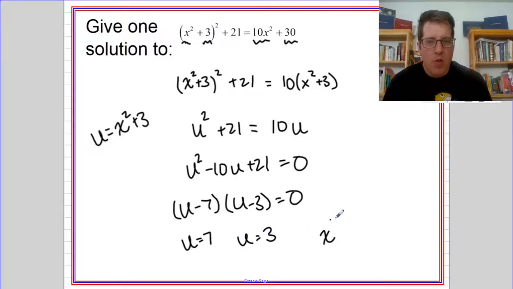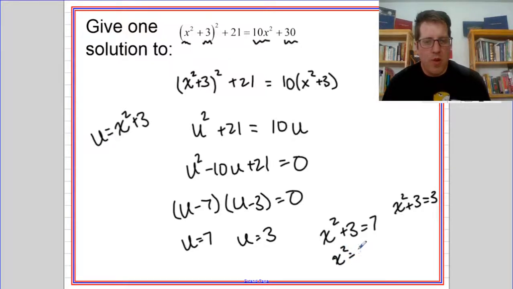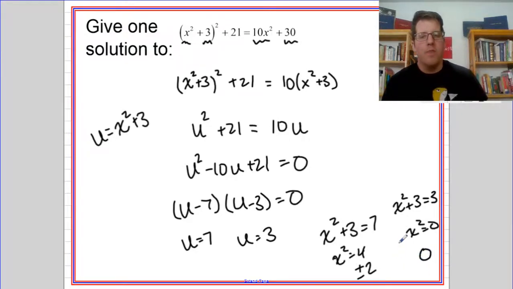So x squared plus 3 equals 7, or x squared plus 3 equals 3. So x squared equals 4, or x squared equals 0. Well, how could x squared equal 4? If x were to be plus or minus 2, and how could x squared be 0 if x were equal to 0? Same solutions as before.